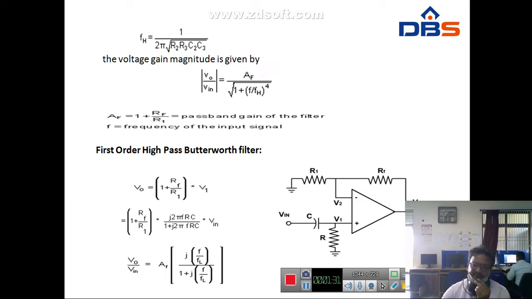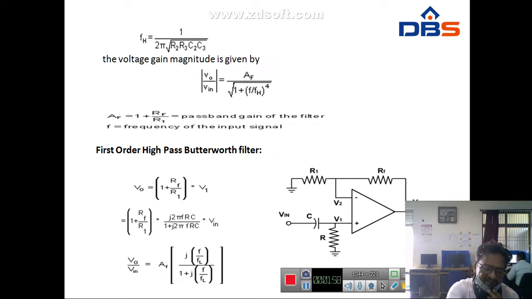That means in place of R we have C in the high pass, and in place of C in the low pass filter we have R in the high pass. So the first order high pass filter is formed from a first order low pass type by interchanging the components R and C.